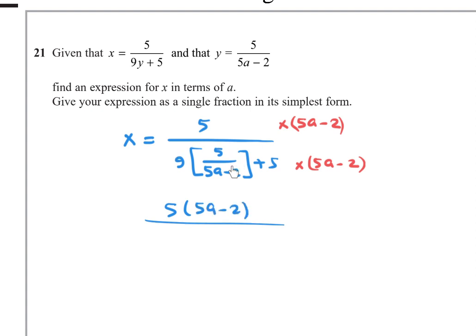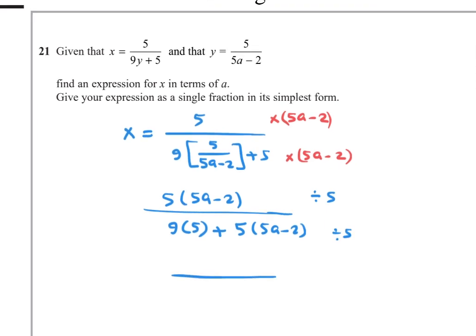And if we multiply this term by 5a minus 2, this cancelled with that one, so you are left with 9 times 5, or 45, plus 5 times this bracket, which is 5 into 5a minus 2. All terms are divisible by 5, so we can divide by 5.